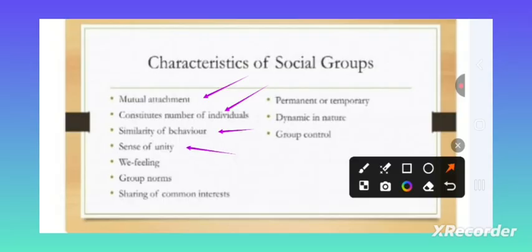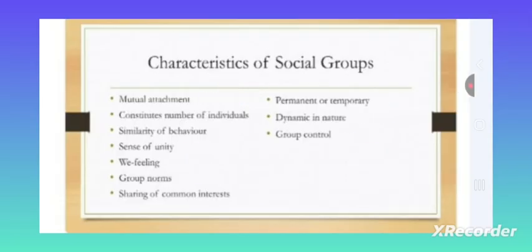A sense of unity, a feeling of belongingness. We-feeling: the sense of us or collective identity. Group norms: shared rules or standards of behavior. Sharing common interests. Permanent or temporary: groups can last a long time or exist for a specific purpose. Dynamic in nature: groups change and evolve. Group control: groups exert influence or pressure on their members.